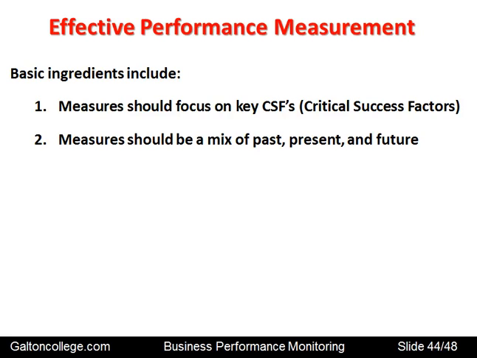Measures should be a mix of past, present, and the future. So it's important that performance measures should look into past performances, financial performances, production performances, productivity, whatever it is, market penetration, market share. Look at past performance.